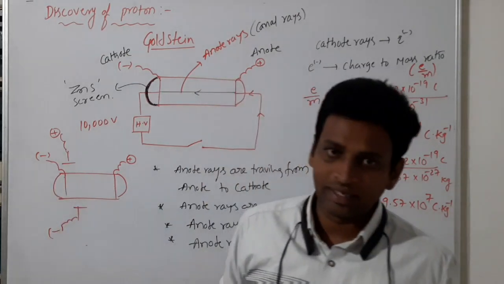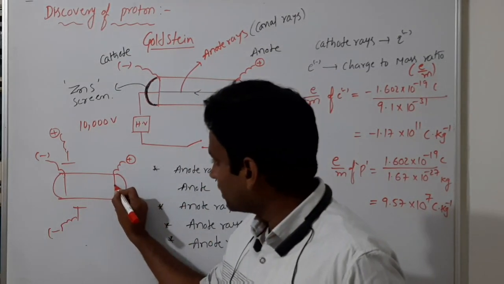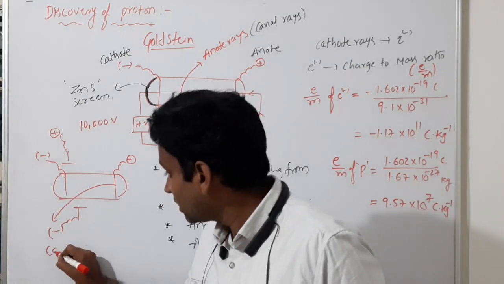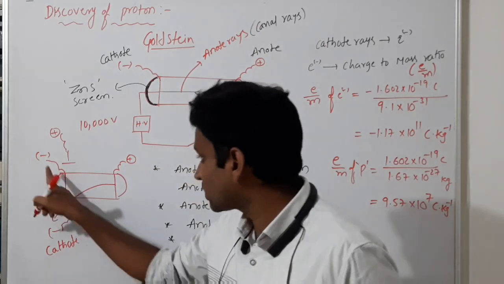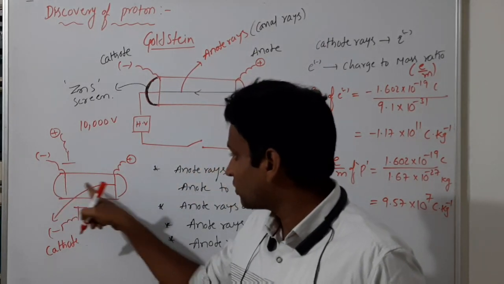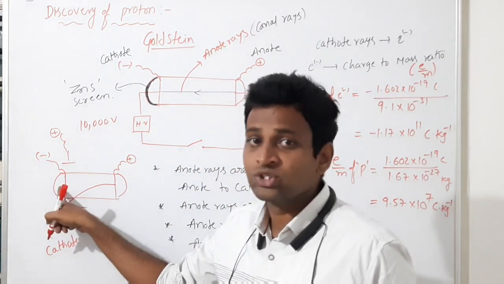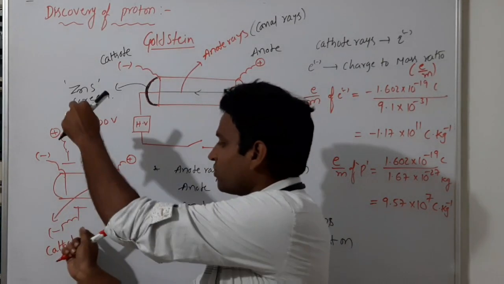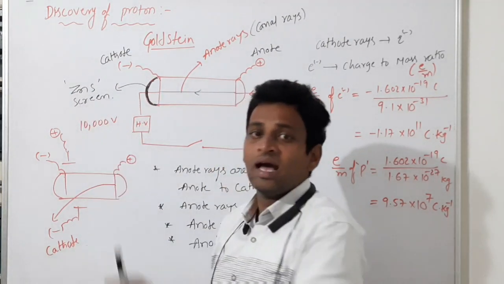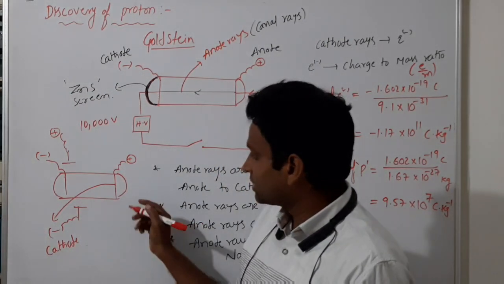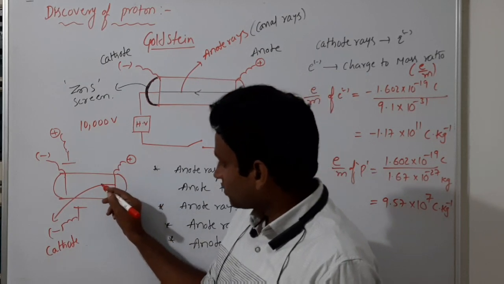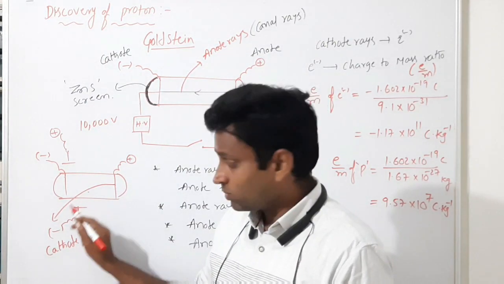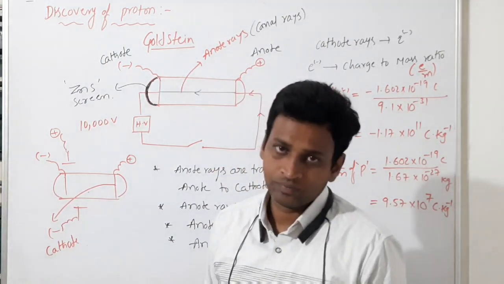They move straight. But with them, the rays deflect towards the external cathode. This is the original cathode fitted to the discharge tube, and we kept the external cathode and anode before it. Anode rays deflect towards the external cathode, because anode rays are positive, so positive deflects towards negative.